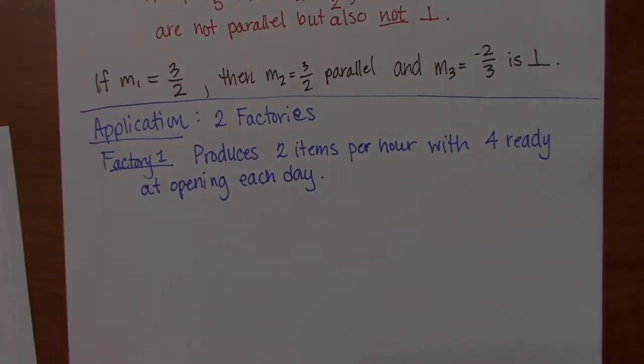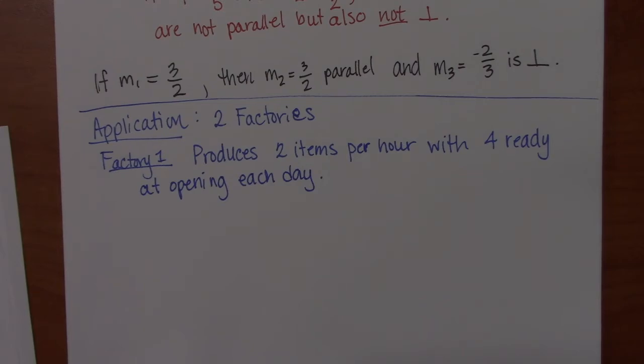And every day it starts out with 4 already made for the day. So we can kind of imagine, I guess, that when the factory shuts down the night before, it always makes sure there's 4 of these items ready to go in the morning. But when you turn the machines on, it's going to crank out 2 per hour.